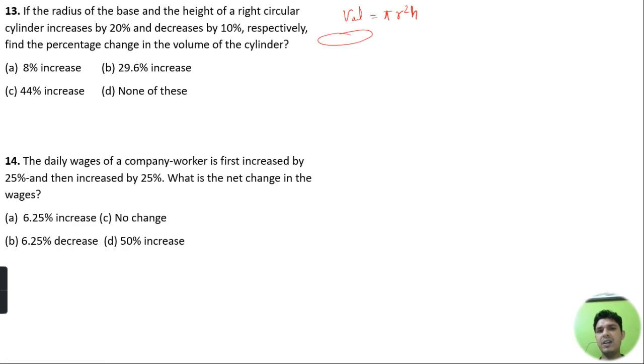If we look at the diagram of a cylinder, there are two radius, that's why this is r square, and one height. So he's saying that the radius of the base is increased by 20% and the height of the cylinder is decreased by 10%.